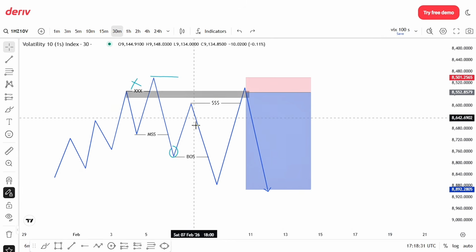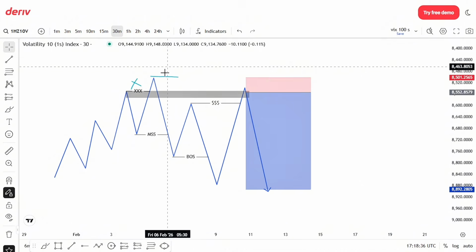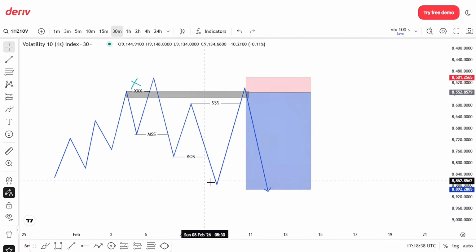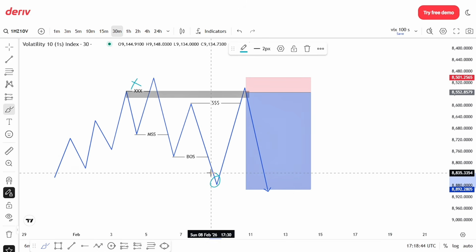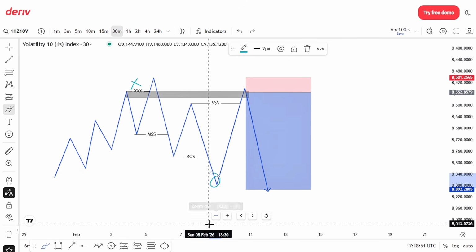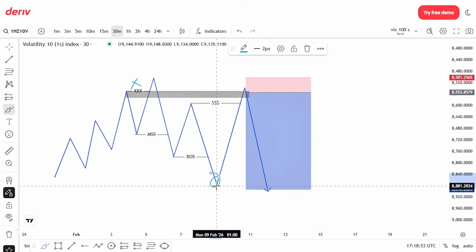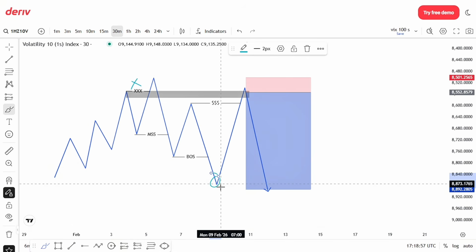Then the market comes back and sweeps all the buyers, takes out their stop loss, and when it comes back, there are still some people who are going to buy from here. You don't want to be that guy. They're waiting for the market to hit their target, but the market fails.